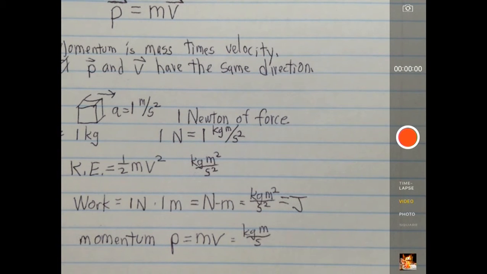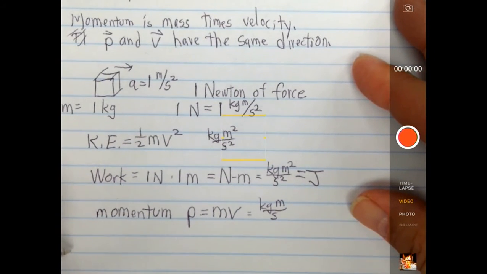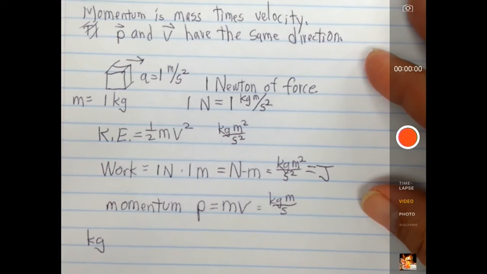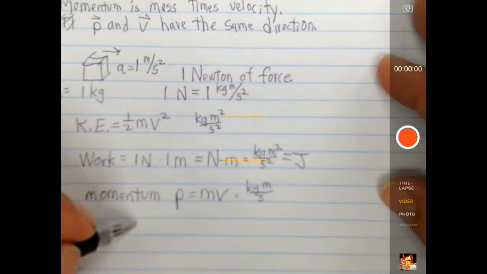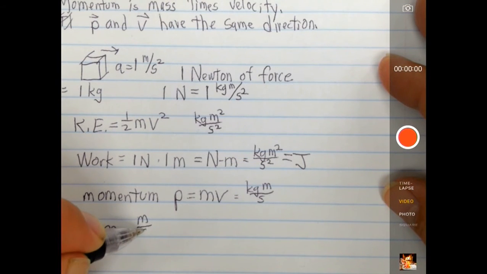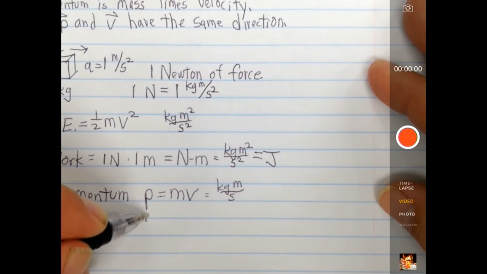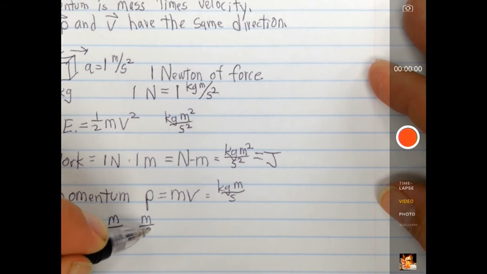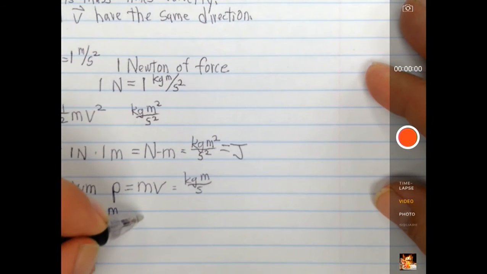Each one has its own units, right? So I could say one variable has the units of kilograms. One variable has the units of meters. One variable has the units of meters per second. One variable has the units of meters per second squared. For that matter, one variable has the units of seconds.